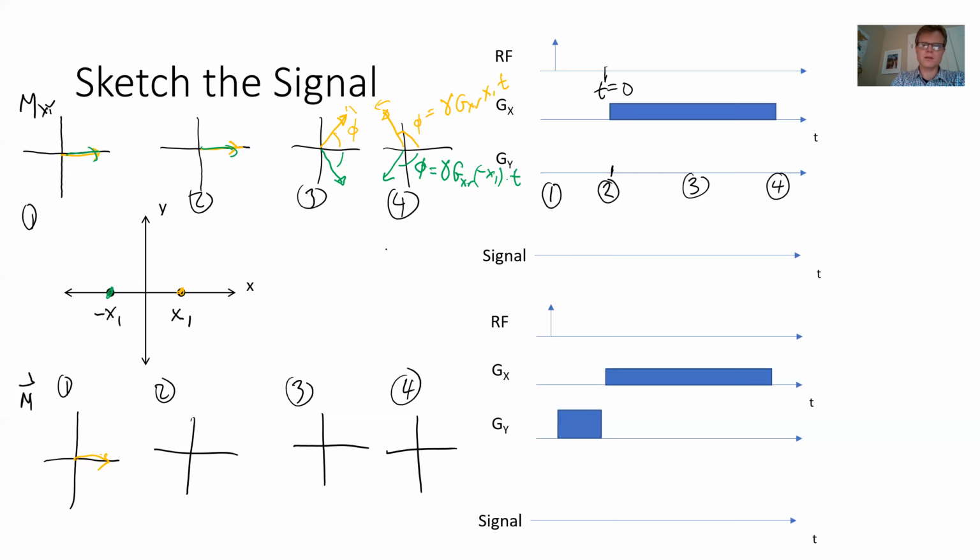So the signal is going to be the sum of this location plus our other location, and you can just color code it. The signal is the sum across the coil. They're always going to be pointing in these opposite directions.